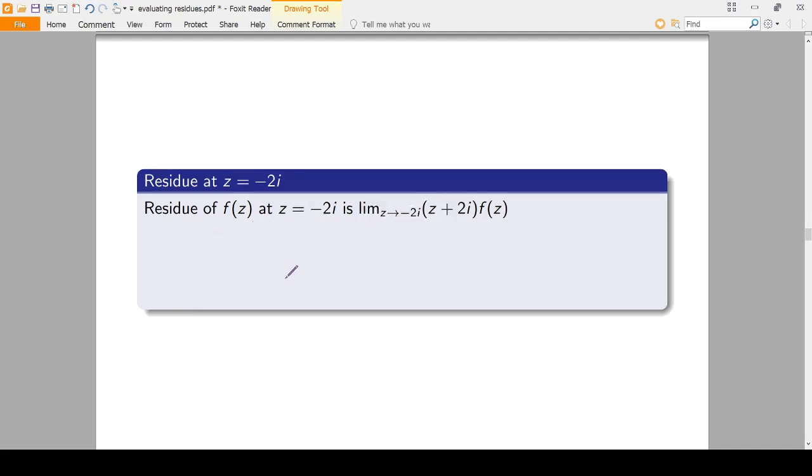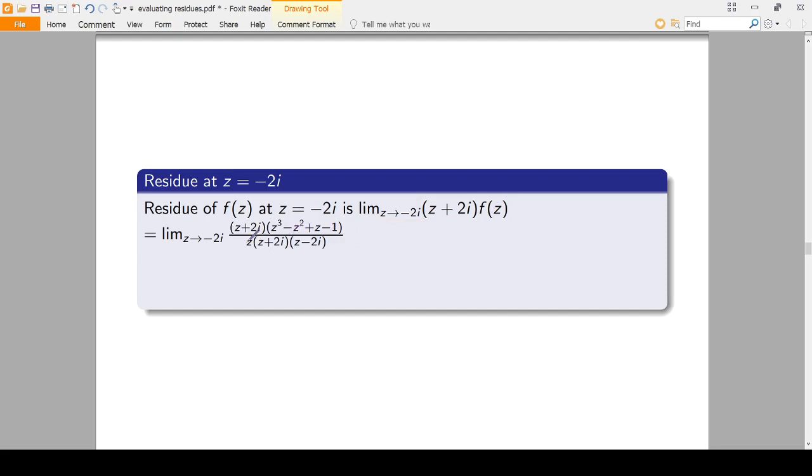Now for the third singularity, I have to multiply f of z with z plus 2i and allow z tending to minus 2i. Already we have classified z is equal to 0, z is equal to 2i, z is equal to minus 2i as simple poles.